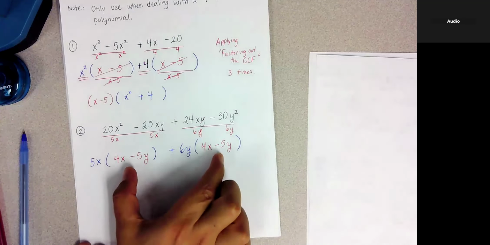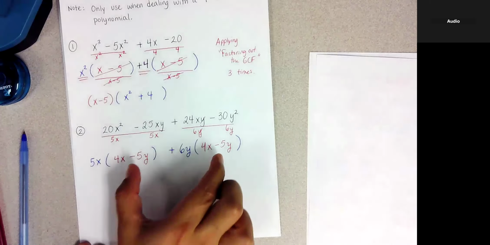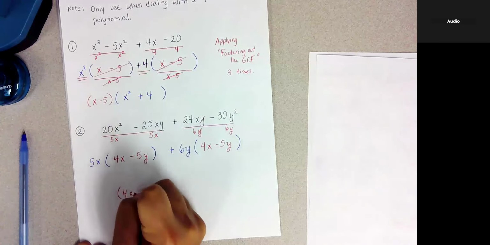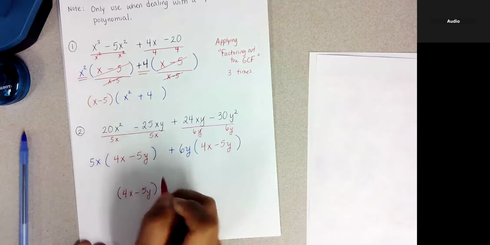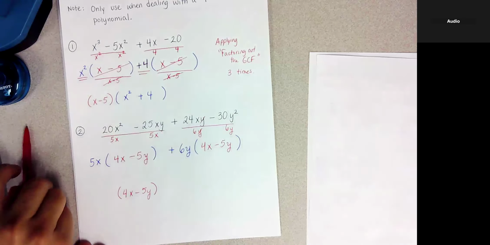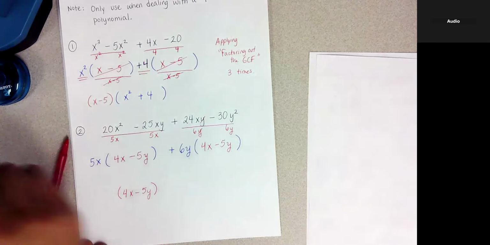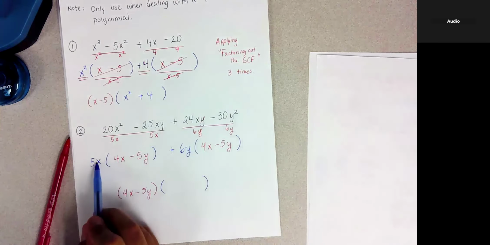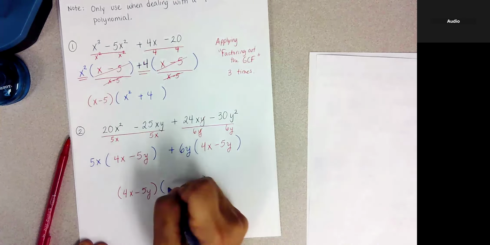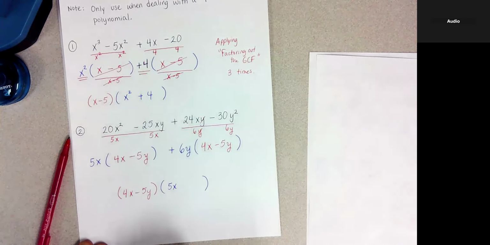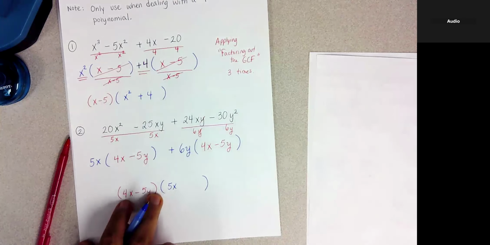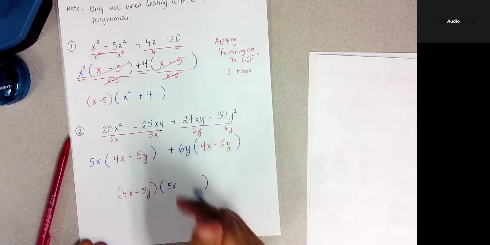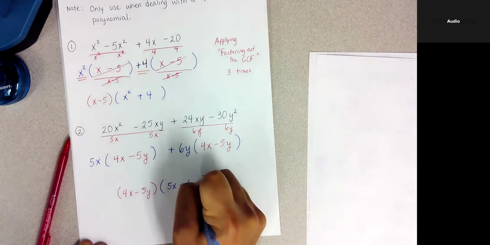But if these guys are exactly the same, then that now becomes the new GCF. So we're going to put 4x minus 5y in the front. And then we can say, oh, if we're dividing 4x minus 5y out of here, we should have 5x left over. And if we're dividing 4x minus 5y out of this term, then we should have this positive 6y left over.